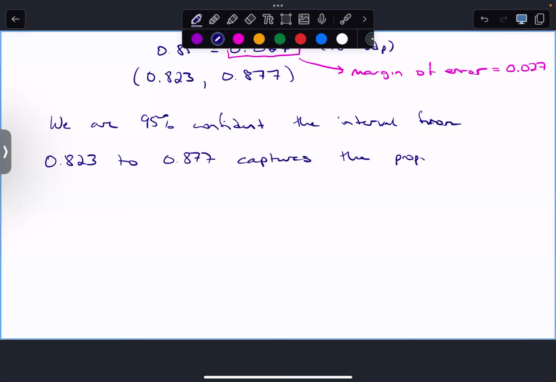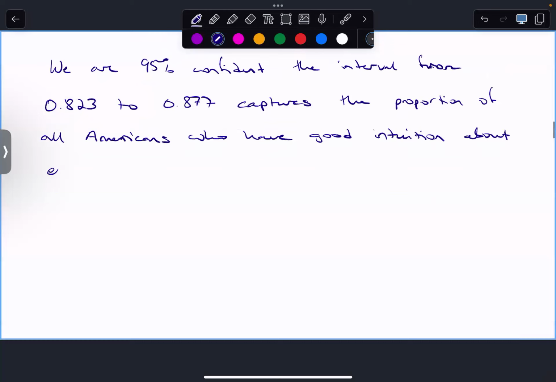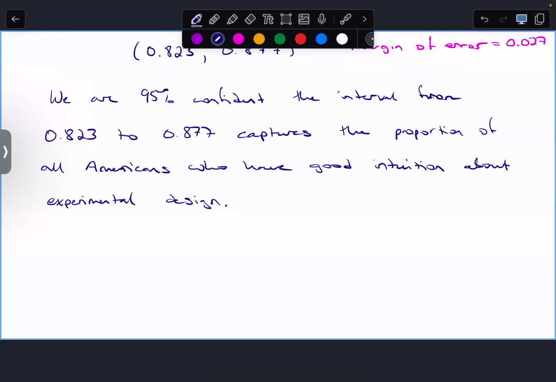The proportion of all Americans who have good intuition about experimental design. That last part, I'm just rewording the question as an answer, basically. So nothing crazy. Sounds fancy though, doesn't it? Or maybe not, I don't know.